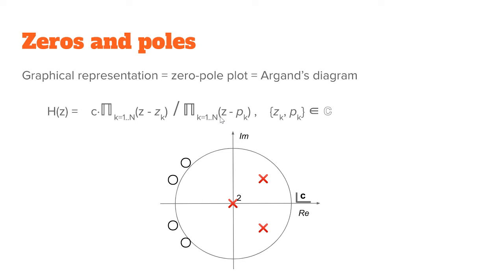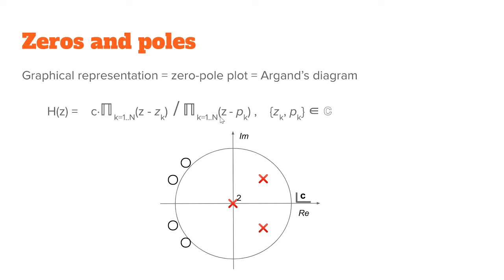Similar picture on the Z-plane. Looks like that. We still have the real axis and imaginary axis, but the frequency is no longer on the imaginary axis. Frequency is actually the angle.